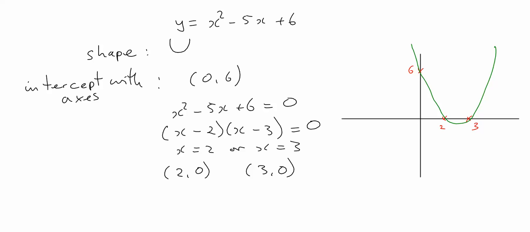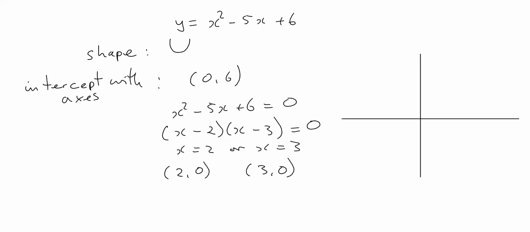Now, to sketch this nicely, if you put the points in first, which are only rough positions on the axes, you may struggle to get a nice looking curve going through those points. The best thing to do is to recognize that it must go through a value on the positive y-axis and 2 values on the positive x-axis.